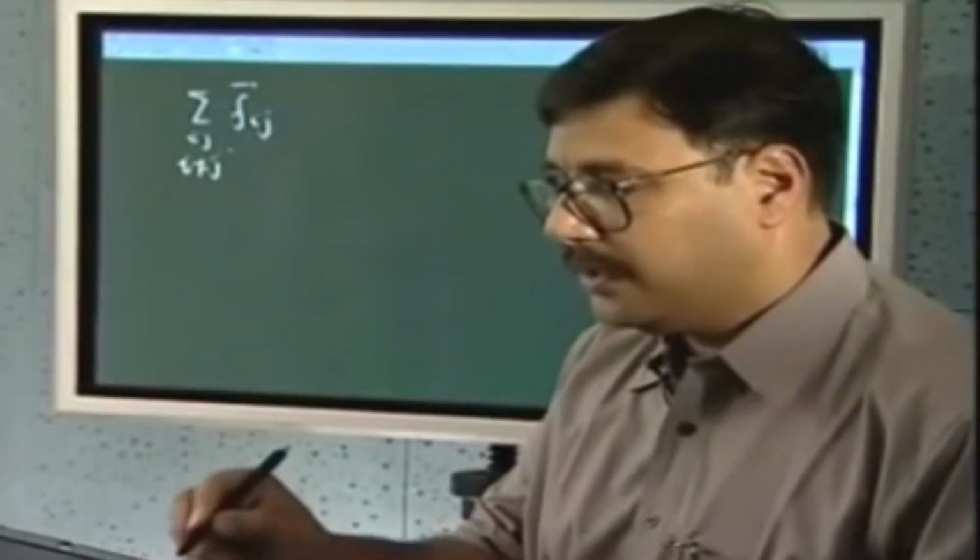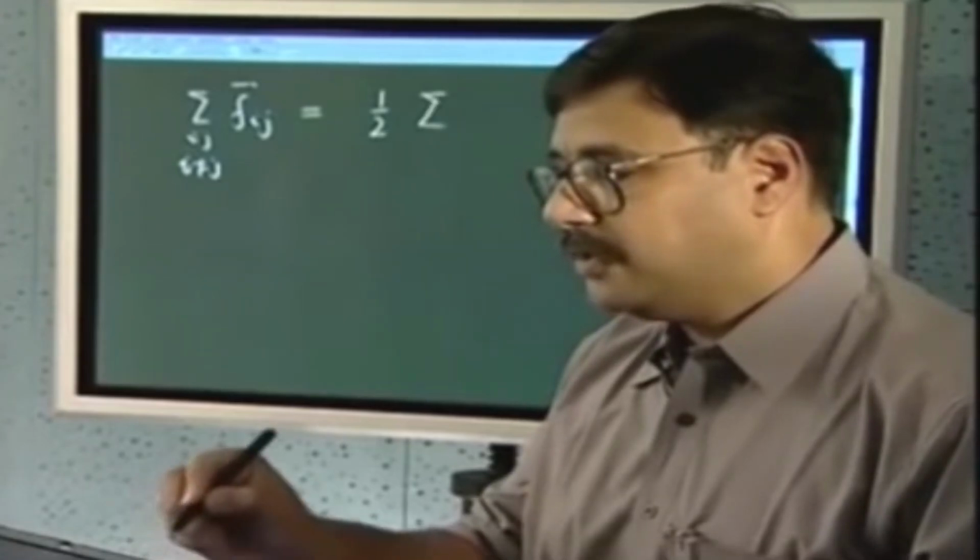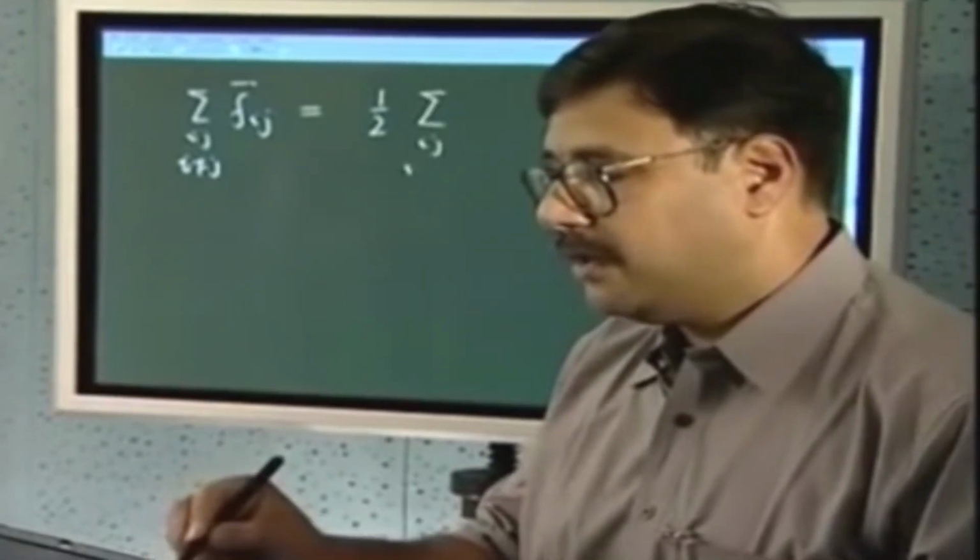Fij summed over i and j, i not equal to j, I can write as 1/2 summation over i, j of Fij, and just interchange the indices j and i, because I am summing over i and j completely, it does not really matter. But by Newton's third law, Fij is equal to minus Fji.